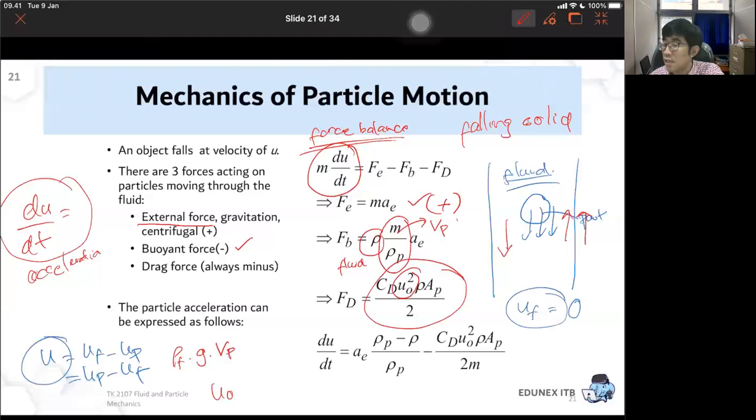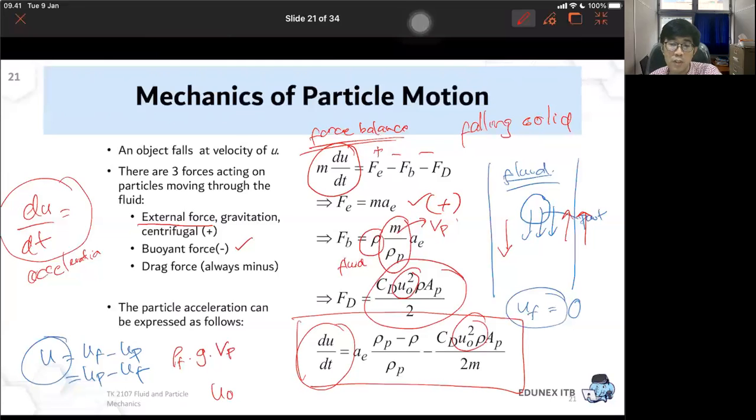So later we can correlate this one with this one. Okay, then just put all the components of the force into one equation. The external force is plus, the buoyant force is minus, and the drag force is also minus because of the different direction. Then you put it into the equation and you get this equation. So the acceleration will be influenced by these parameters. Okay, any question until this part?